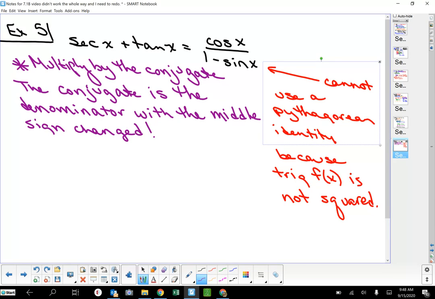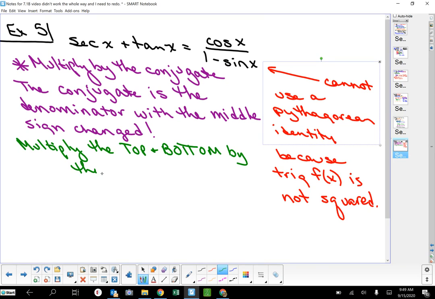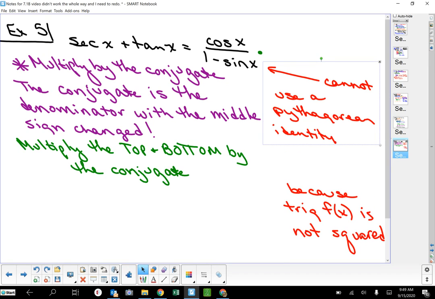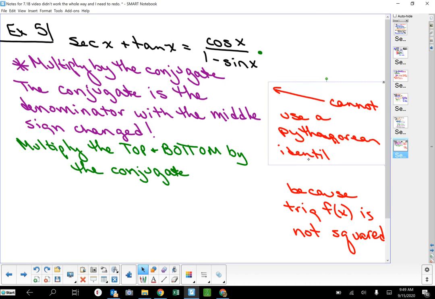And what we're going to do is multiply the top and bottom of the fraction by the conjugate. Okay, so I'll show that in green up here. What I'm going to do is move this red comment just a little bit. Excuse me.